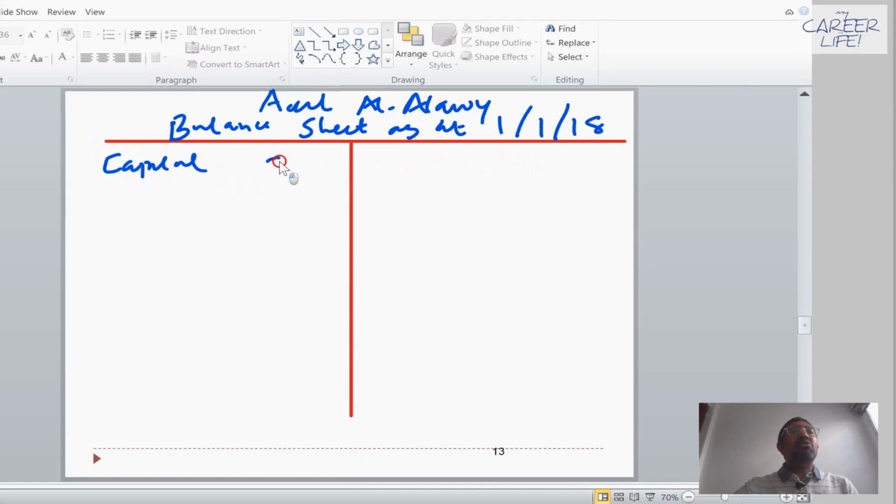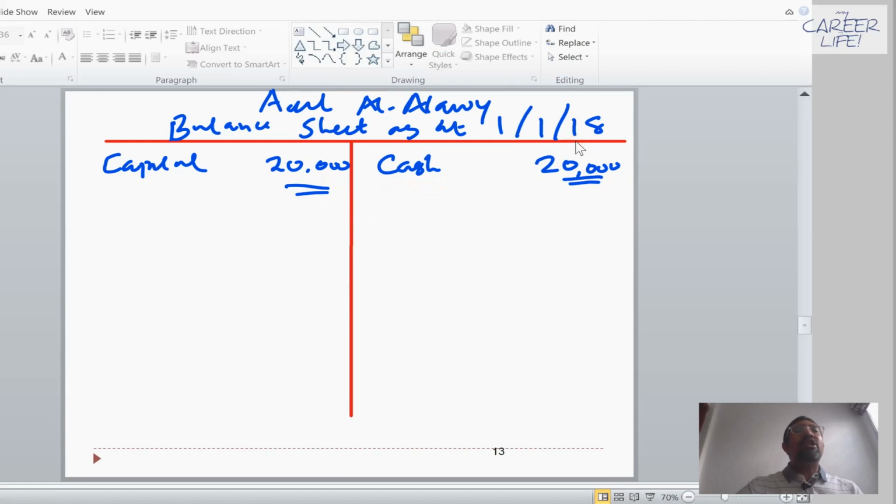He introduced 20,000, and with this 20,000 he opened a bank account and placed the money into the bank as cash. So 20,000. So we have the balance as at 1st of January 2018.